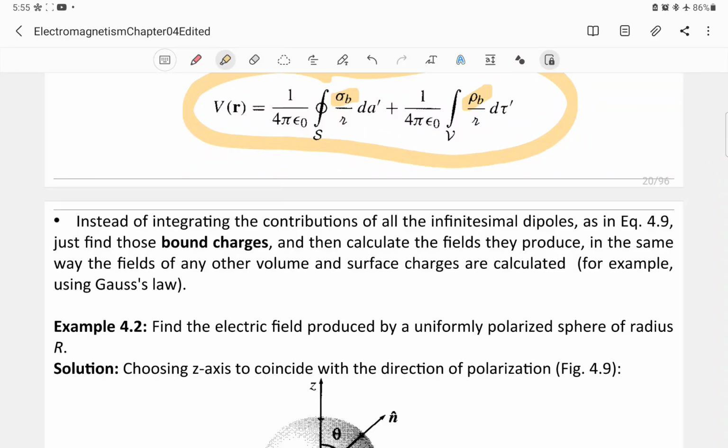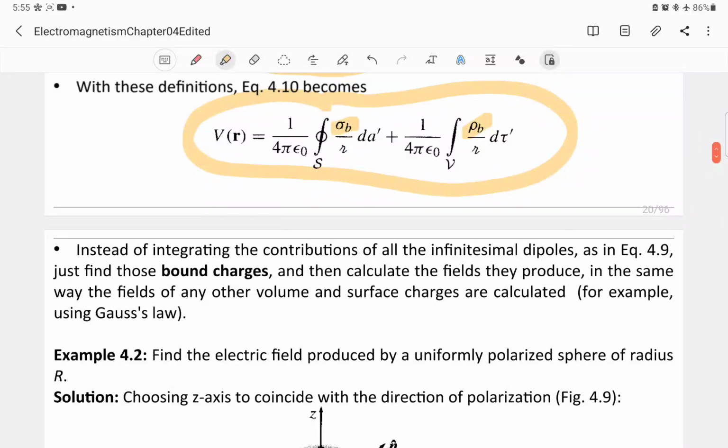This is much better, because you can use Gauss's law.